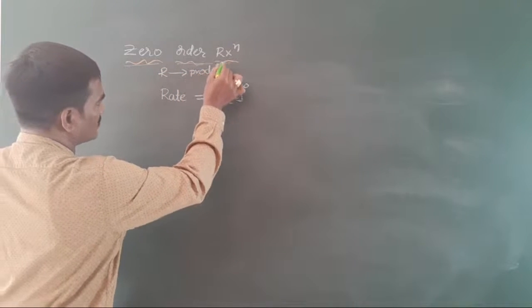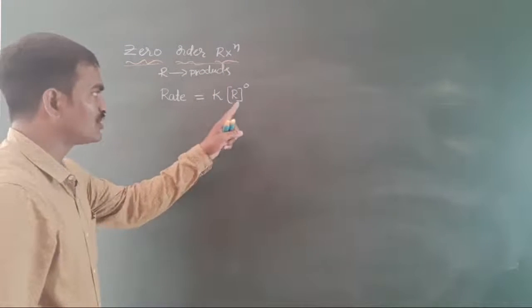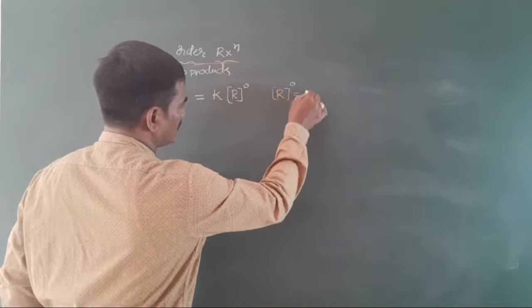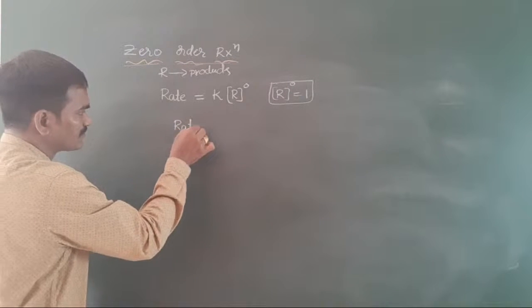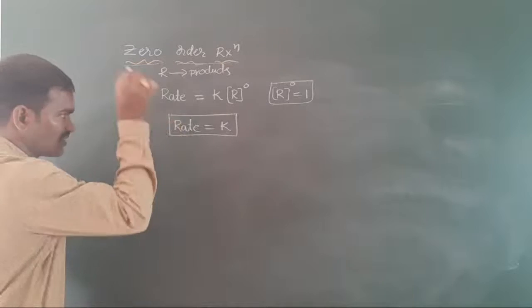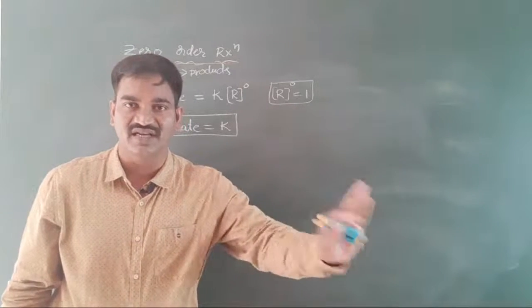Don't forget about this. Anything to the power 0 is equal to 1, you know very well. So therefore what happened here? Rate is equal to k, a constant. Rate is equal to constant. There is no change in the rate.